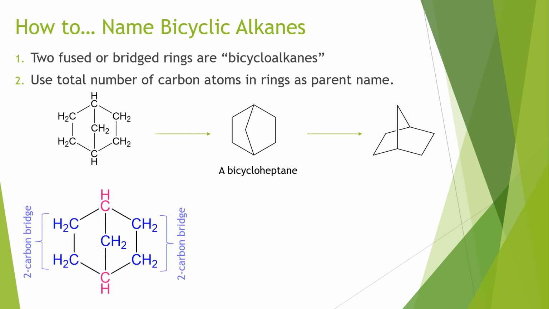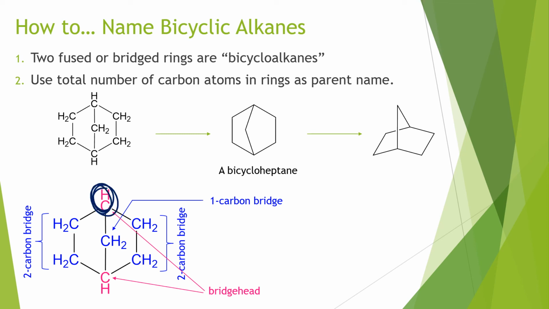Now, the naming for this is based on the number of carbons in the bridges. And the bridges are the carbon atoms that connect your bridgeheads. So the bridgeheads are the carbons that are attached to many carbons, holding all the pieces of this molecule together. And the bridges are the ones in between.